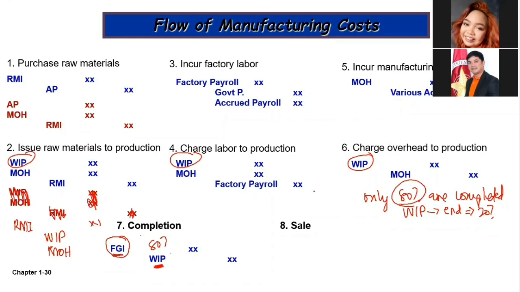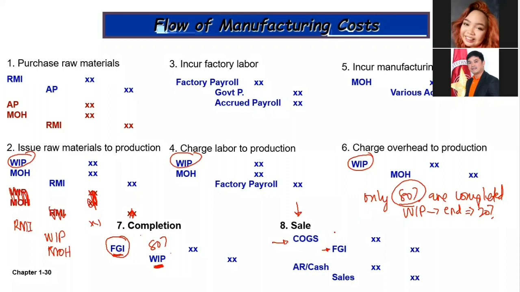So once na completed na, ibebenta na po natin yung products natin. Pag nagbenta tayo, of course, ang entry natin dyan ay debit cost of goods sold. Siyempre, tatanggalin mo na po yung finished goods inventory at ililipat mo na po siya sa cost of goods sold. Okay? And yun lang ba entry natin pag may sales tayo?